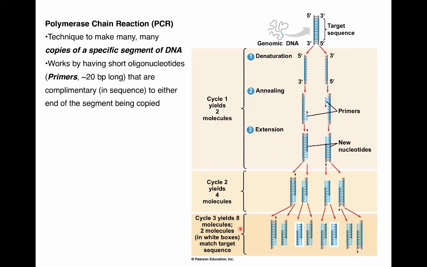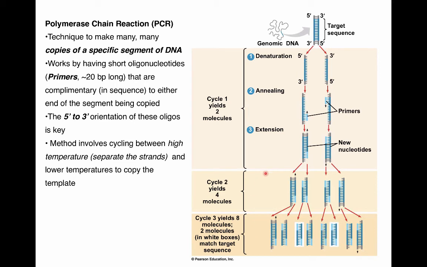Now you continue doing that over and over again, and you make billions of copies of that little segment. And so the 5' and 3' determines which is the reverse and which is the forward. And so in the end, the reaction is only going to copy the sequence between those primers. So you're going to end up with DNA molecules that are just between those primers, as you can see here. So it's just that segment, and you're going to get billions of copies of that little segment.